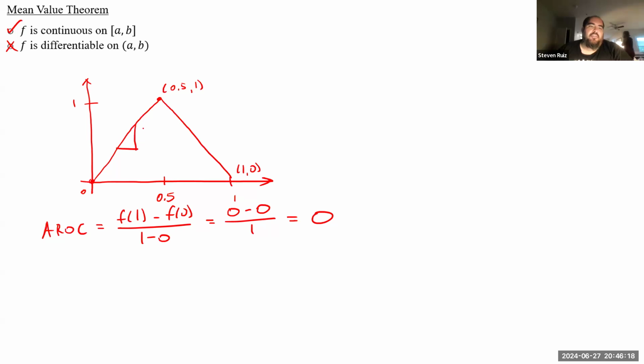If I go upwards by 1 unit and to the right by half a unit, that slope is going to be 2. So on this upward trajectory, my slope is 2, and by symmetry, on this downward trajectory, my slope is -2. So at no point is the derivative of this function equal to 0. All that to say, in order for the conclusion of the mean value theorem to be guaranteed, you have to have both these conditions.